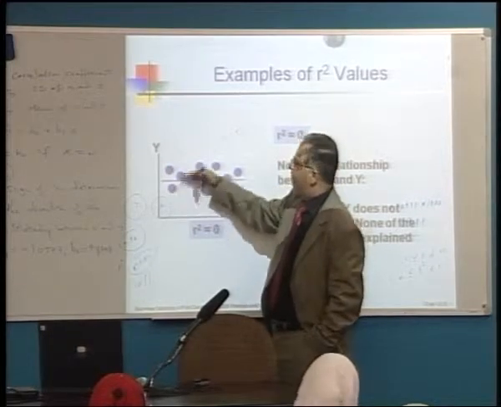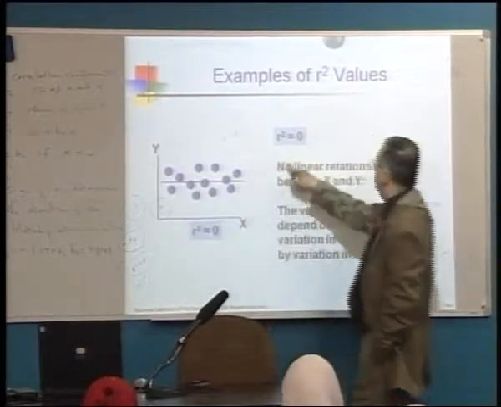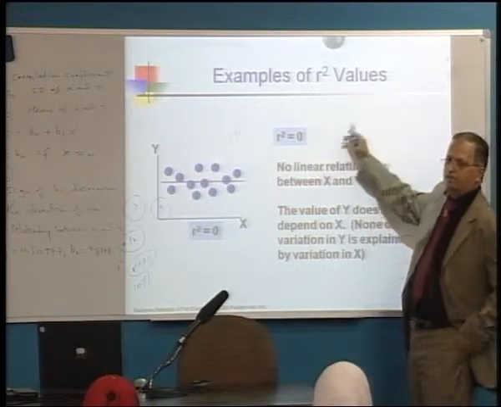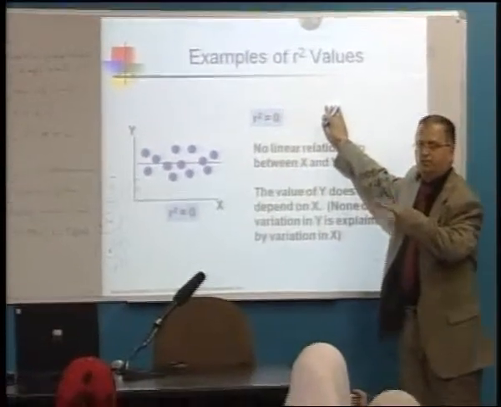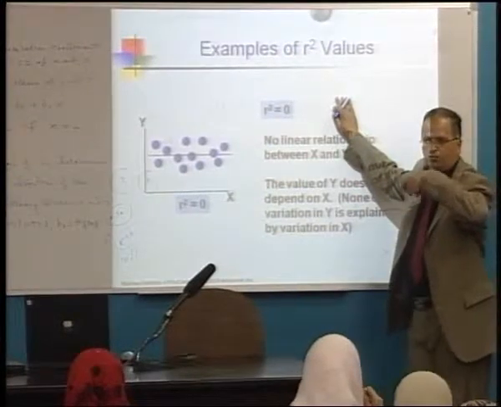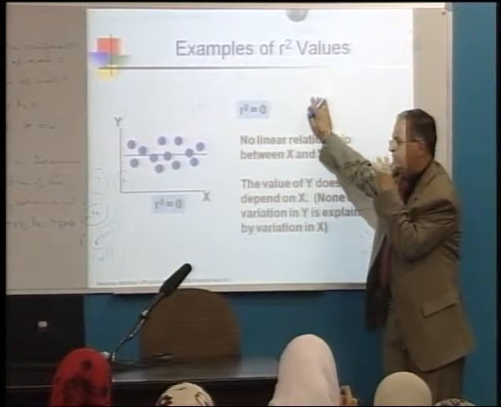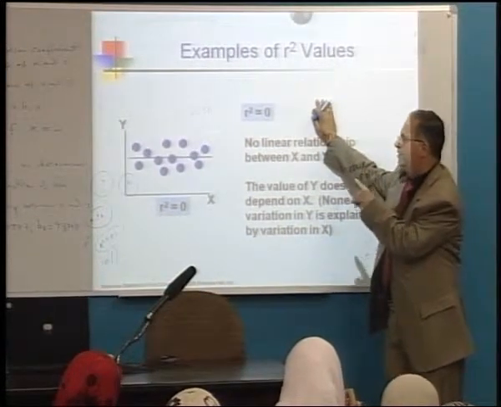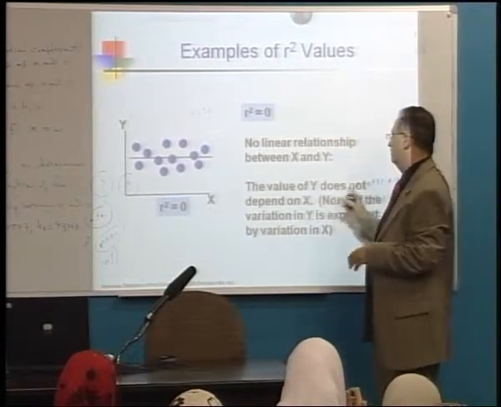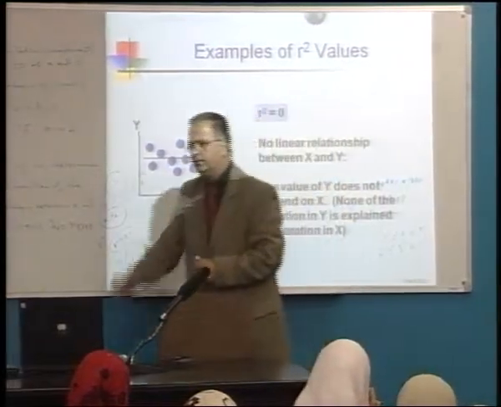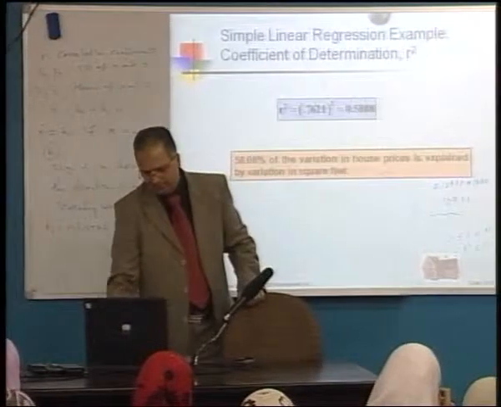So there is no relationship, or actually no linear relationship, because there could exist a non-linear relationship. But here we are just focusing on the linear relationship between X and Y. So if R is 0, the value of Y does not depend on the value of X.